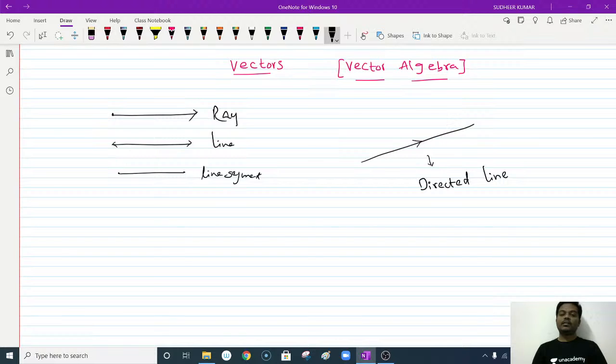This directed line we'll use to represent vectors, right? The directed line segment has the magnitude as well as direction also.